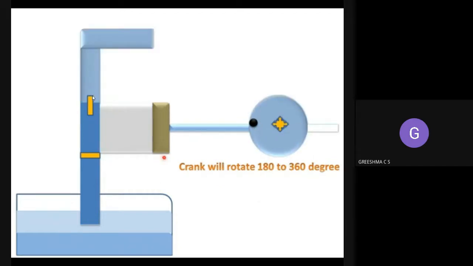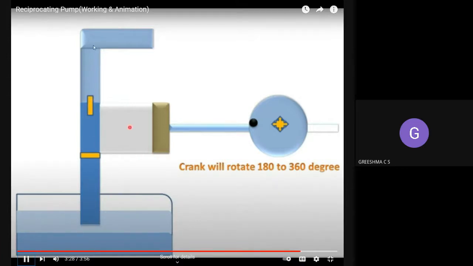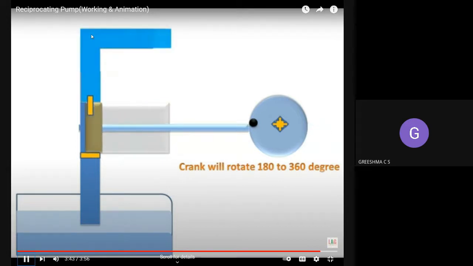See, this piston will be moving over here. By this pressure, now the piston has moved and the water will be going up. This is the exact video of how a reciprocating pump is working.